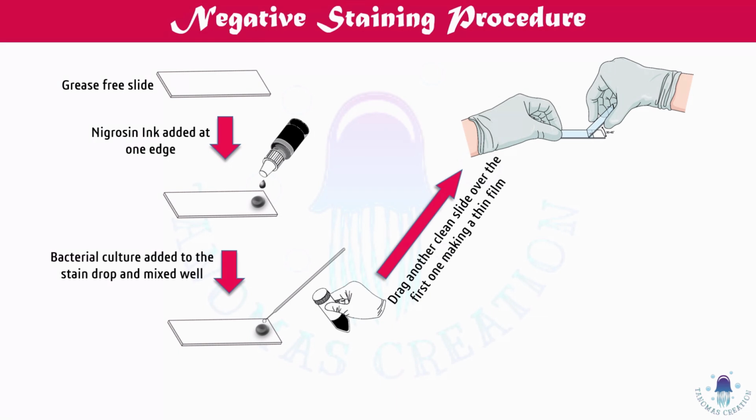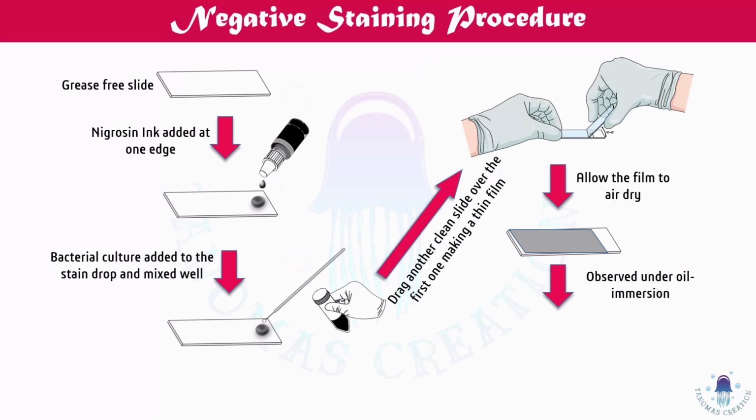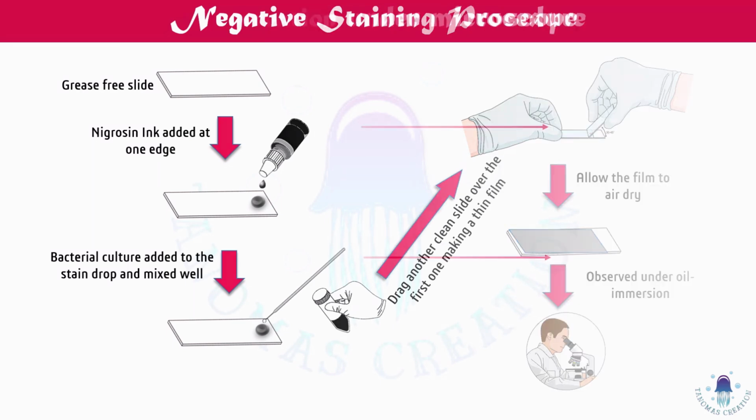We drag the second slide over the first one in this manner, as shown in this picture, and make a thin film. After this, the thin film is allowed to air dry and then it is observed under the microscope using oil immersion. So this is the whole procedure of negative staining.